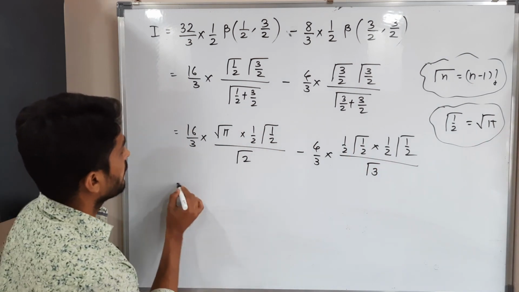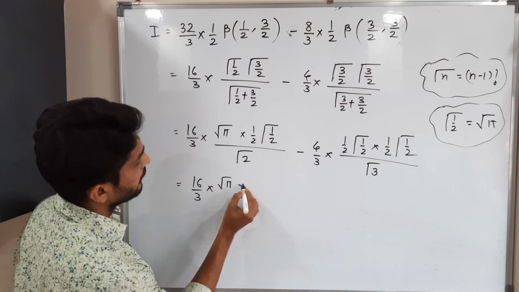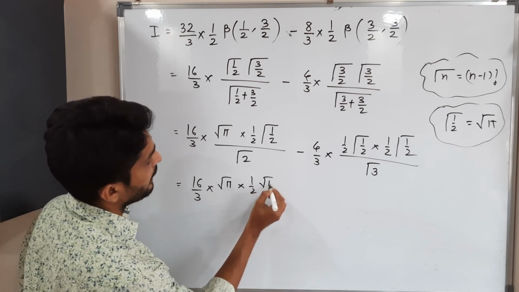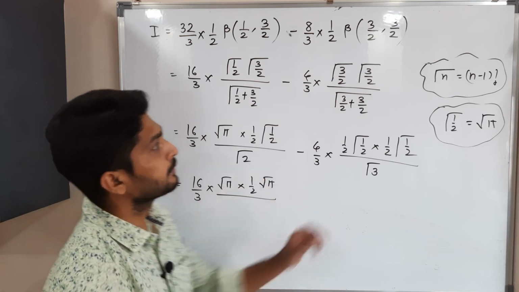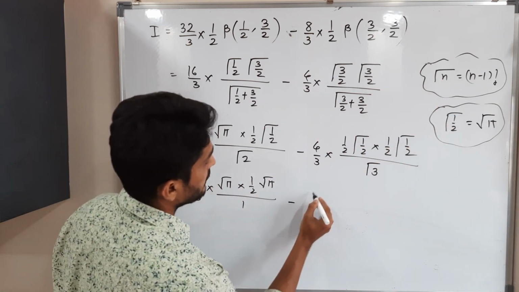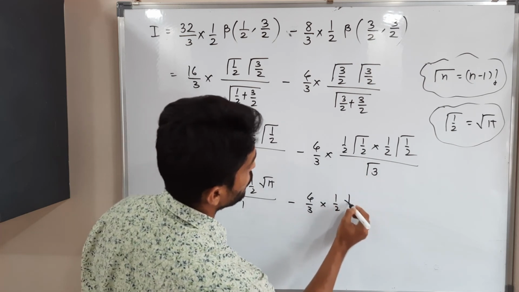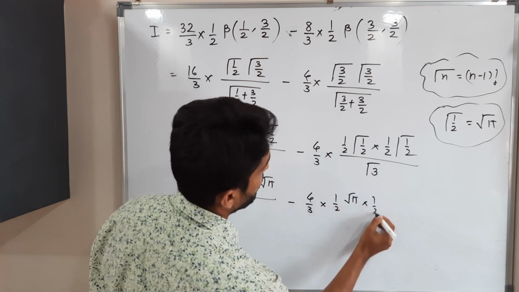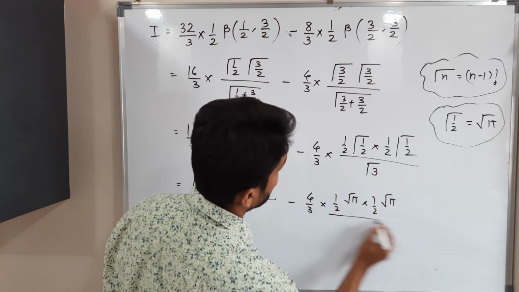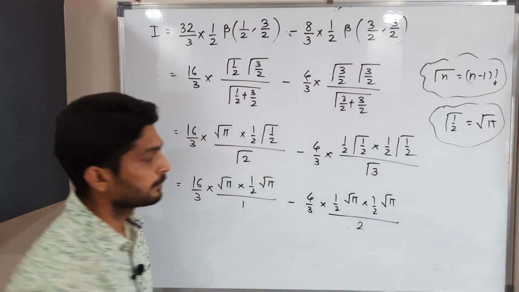We will have here 16 by 3 root pi, into 1 by 2. Gamma 1 by 2 means root pi again. Gamma 2, using this formula, 1 factorial, which is 1 obviously, minus 4 by 3, 1 by 2, gamma 1 by 2 means root pi, 1 by 2, gamma 1 by 2 means root pi. Gamma 3, using this formula, we will have 2 factorial, which is 2.